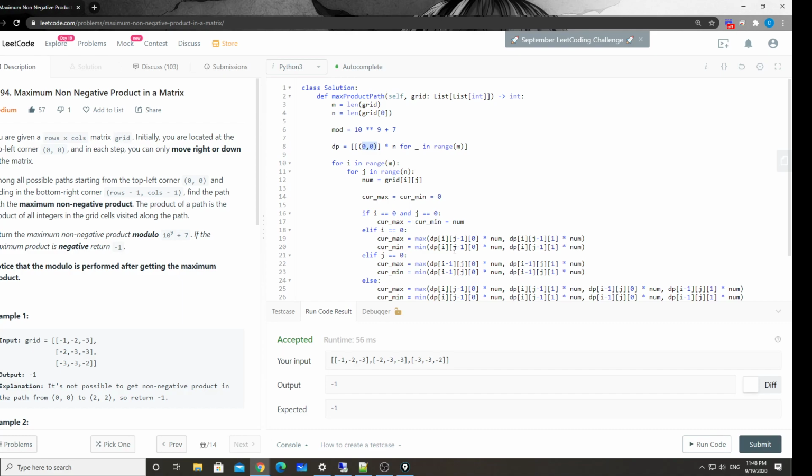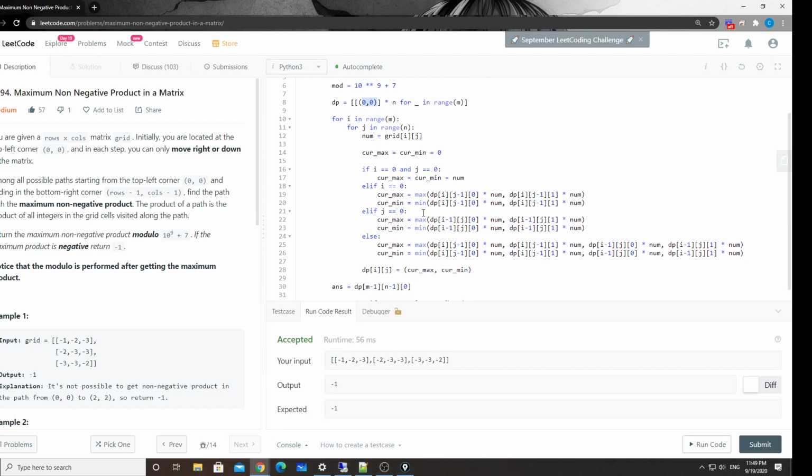Since we need both the left and the top values, I don't think we can compress the space complexity in this case. We have to maintain a history of that. But anyway, that's not that important here.